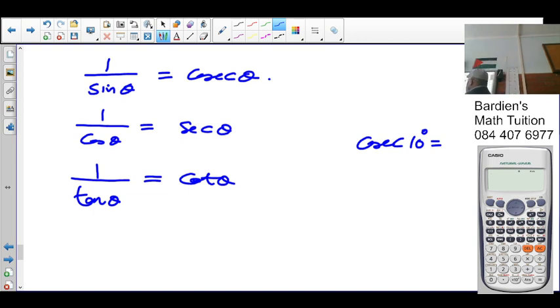Alright, so if you want to work out cosec of 10, it's the same as 1 over sine of 10 degrees. You guys understand? And then we just put it in our calculator, 1 over sine 10, which is 5,76. You all understand? Is there any confusion?